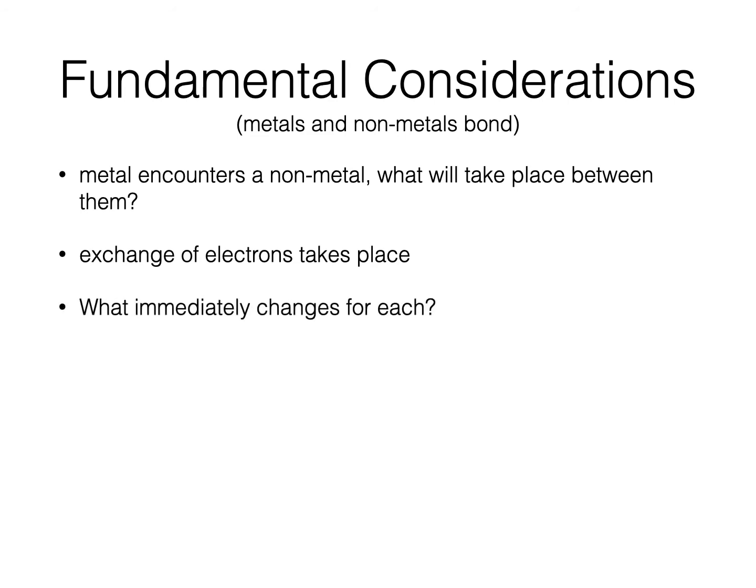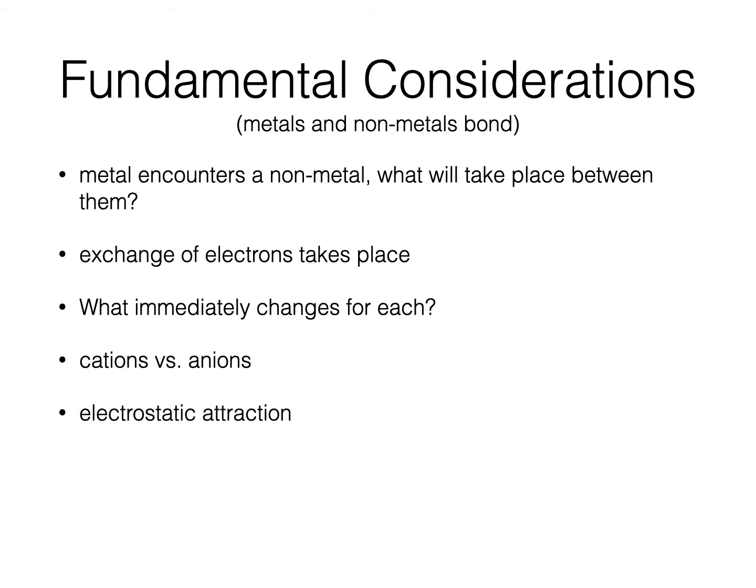As soon as that happens, of course, the atoms are no longer going to be neutral. The metal, having lost one or more electrons, will now become positively charged and form an ion called a cation. And the nonmetal, having accepted one or more electrons, will no longer be neutral, will have an excess of electrons compared to protons, and will form a negative ion called an anion.